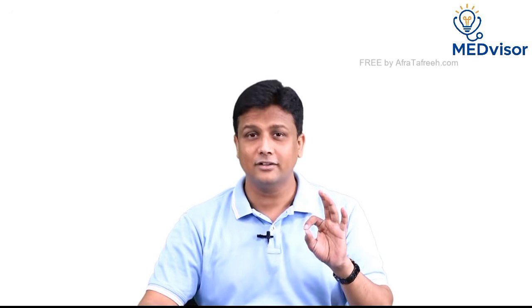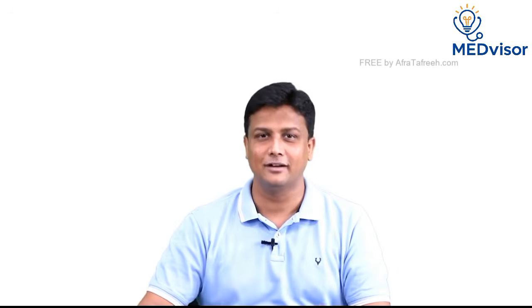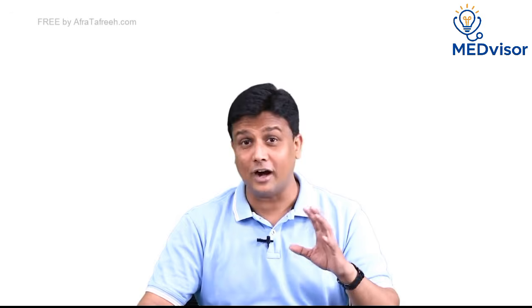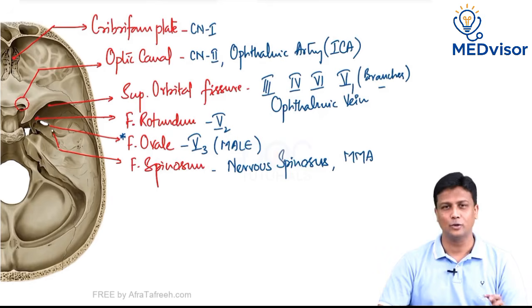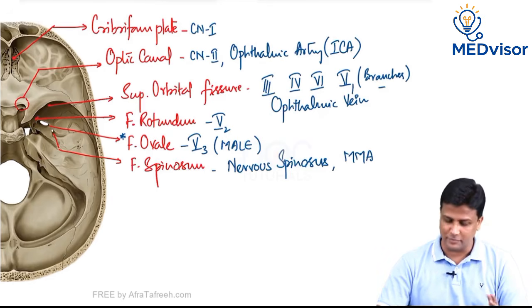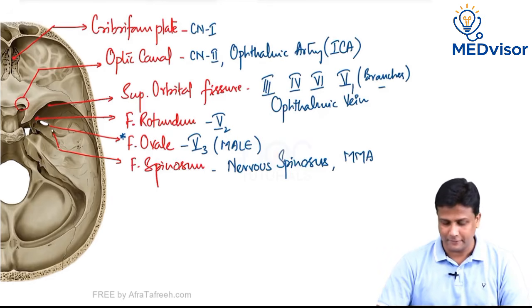The chief nerve and the chief artery to the dura mater are passing through which foramen? That is foramen spinosum, guys. So the chief nerve of the dura mater, nervus spinosus, and the chief artery to the dura mater, middle meningeal artery. Both of them, the main artery and the main nerve, are going to pass through the foramen spinosum. So that's one important thing.